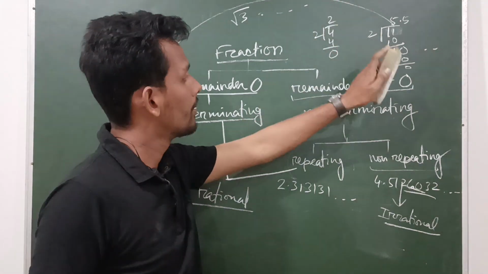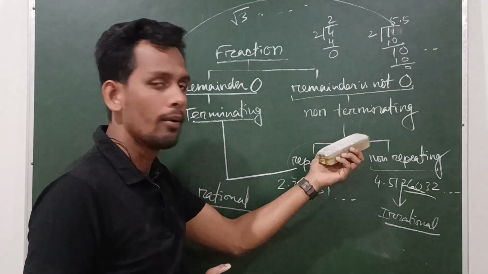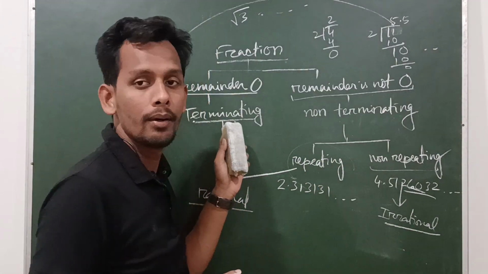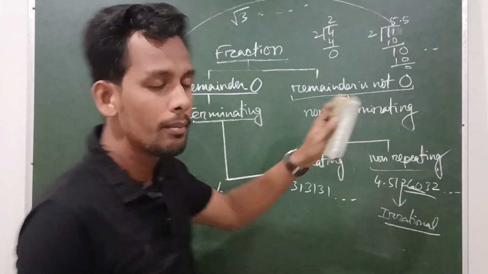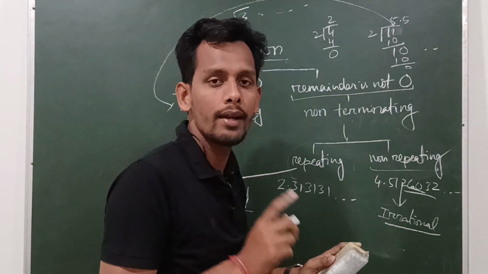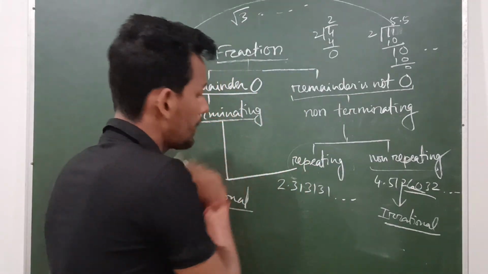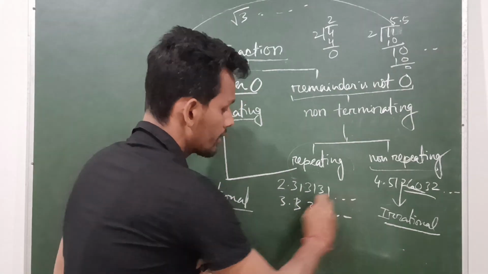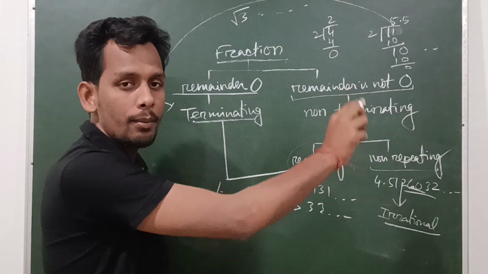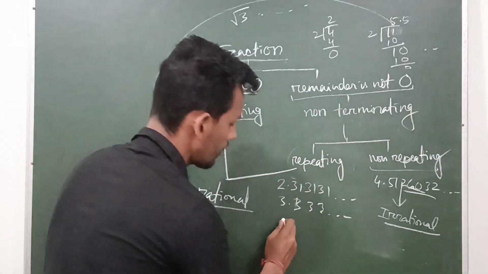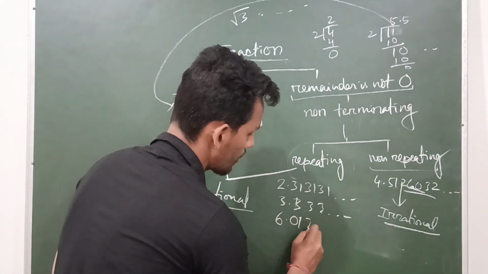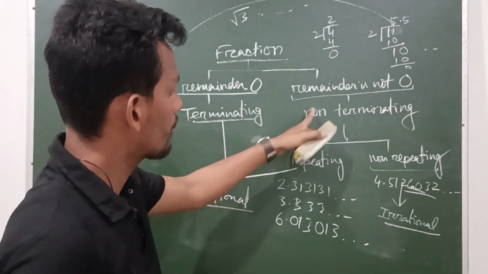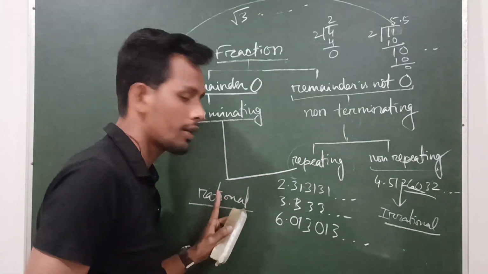So those numbers after decimal where the remainder is 0, or directly divisible, these are called terminating. And after decimal the remainder is not 0, the remainder can never be 0, but they are repeating, say 3.333, the same digit is repeating, 2 digits are repeating, 3 digits are repeating, like 6.013013. This type of numbers are non-terminating, repeating, and they are also called rational.